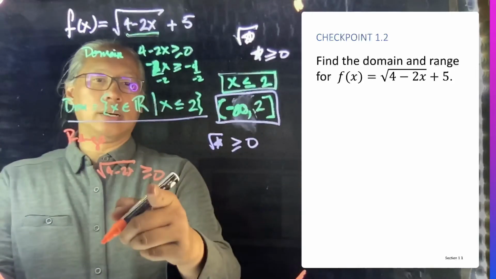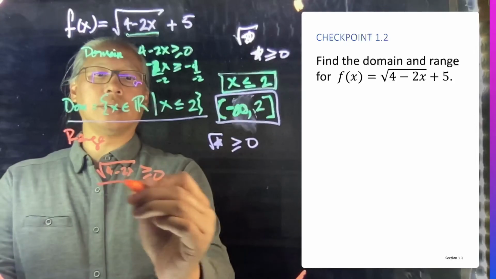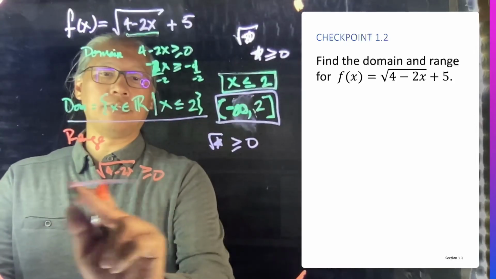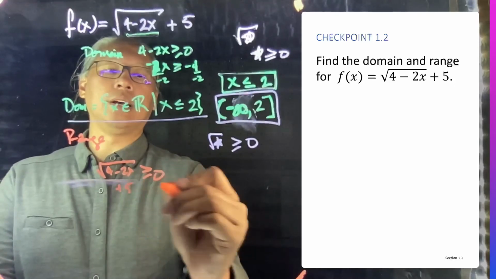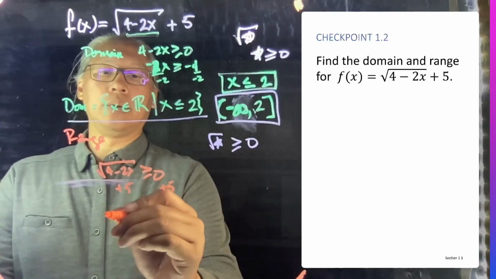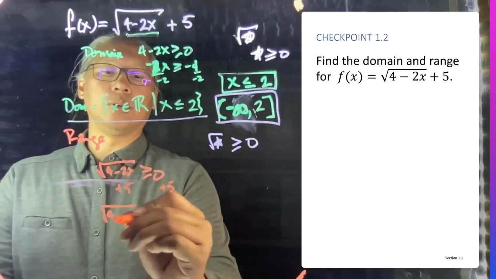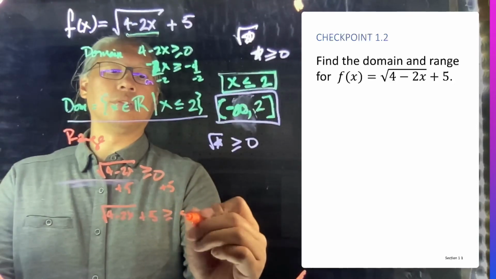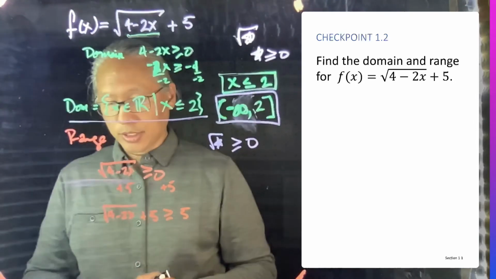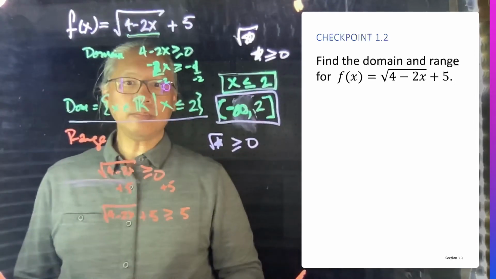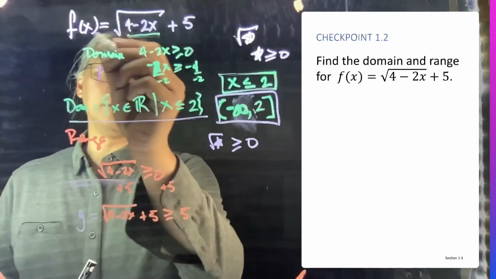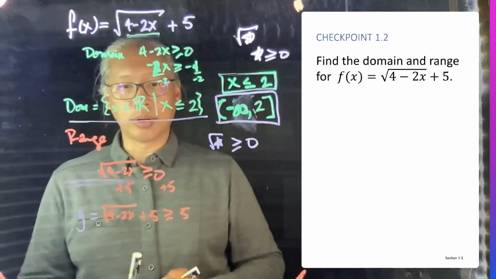Now we want to make this look like the original function, and to do that we just have to add 5 to both sides. Then we get the square root of 4 minus 2x, plus 5, is bigger than or equal to 5. And so this happens to be your y value, or your f of x value, however you want to put it.